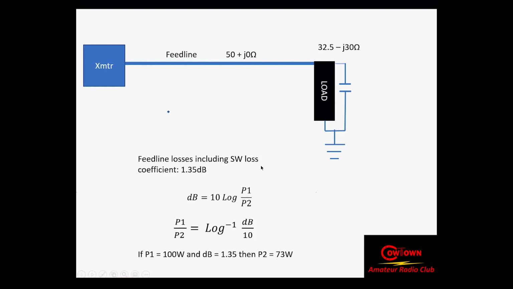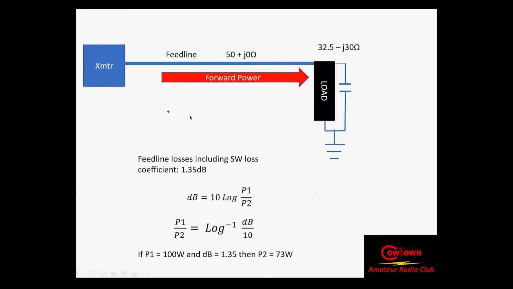So the feed line losses, including the standing wave loss coefficient, is 1.35 dB. All right, dB is when we're talking about power, and that's what we're really dealing with here, is power reflected back towards the radio. dB is equal to 10 times the log of the ratio of the two powers.